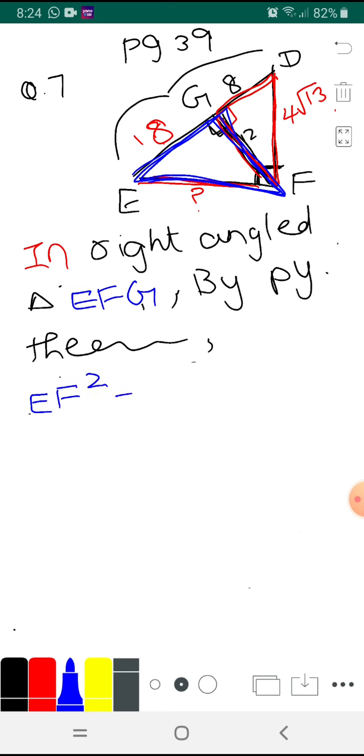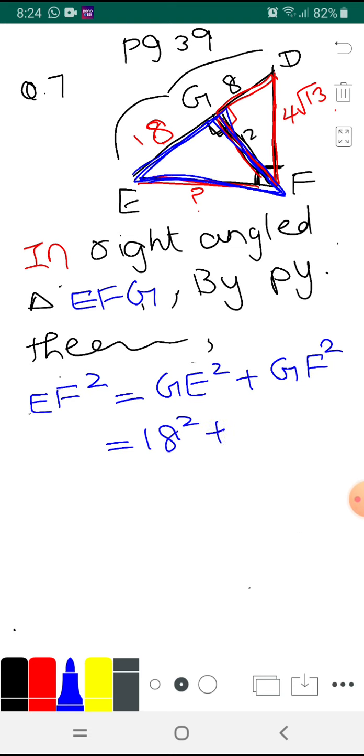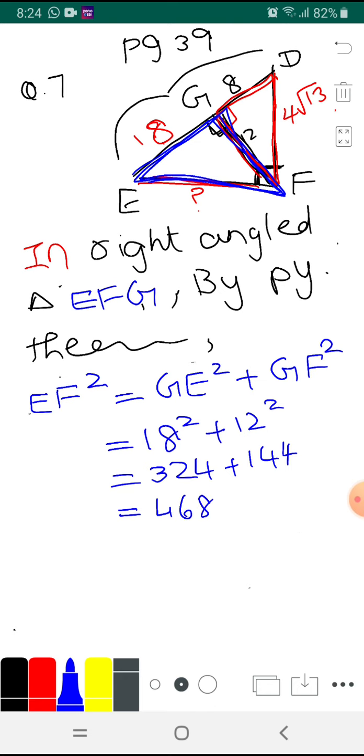EF square is equal to GE square plus GF square. EF we don't know. EG we know, that is 18 square, plus GF, GF is 12 square. Again 18 square we are getting as 324. 12 square is 144. Add both, we get 468.